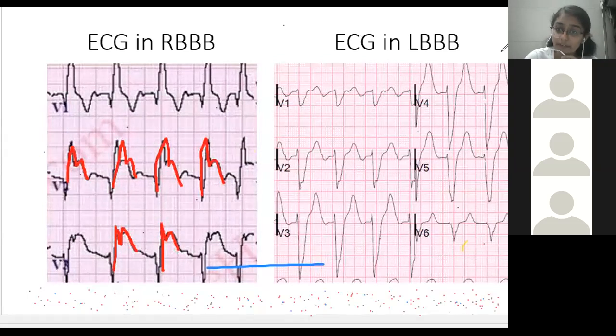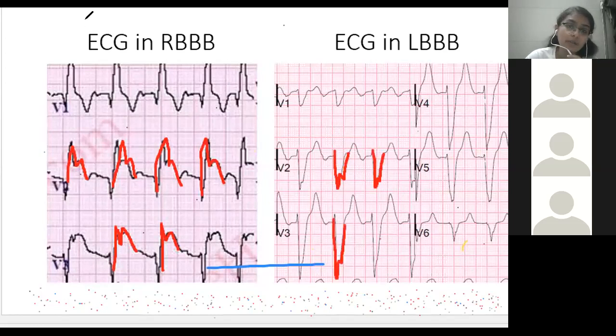Same goes with left bundle branch block. Although you can see there is deepening of the S wave in this condition, and you get a W shape. I think it is cut here, but you can see there are two waves.